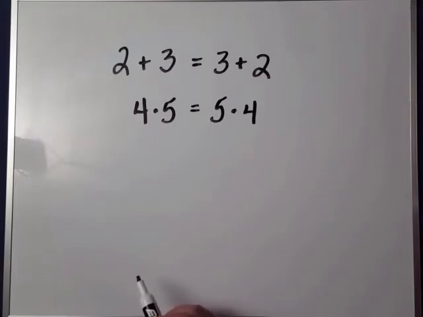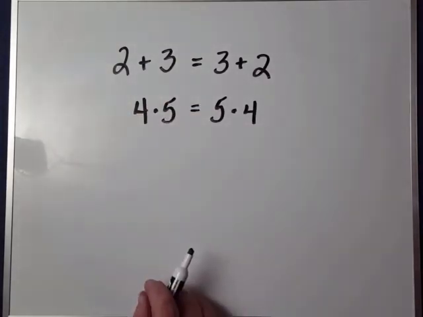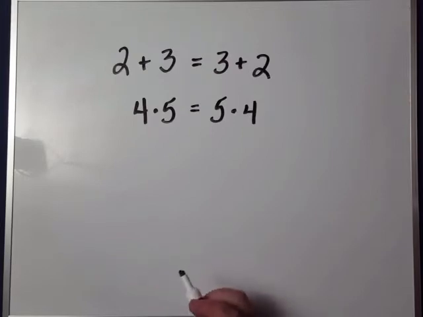The term commutative has to do with commuting, which means what? Moving from one place to another. So the commutative property talks about moving these terms or moving these factors and still getting the same result. The commutative property has to do with the order in which you add or multiply.